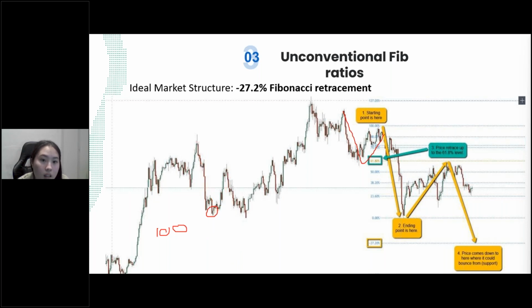If there's anything you want to take away from today's webinar, you just need to remember that with Fibonacci retracement, there are 5 levels. The first level is 23.6%. You can write this down if you want. 32.8%.